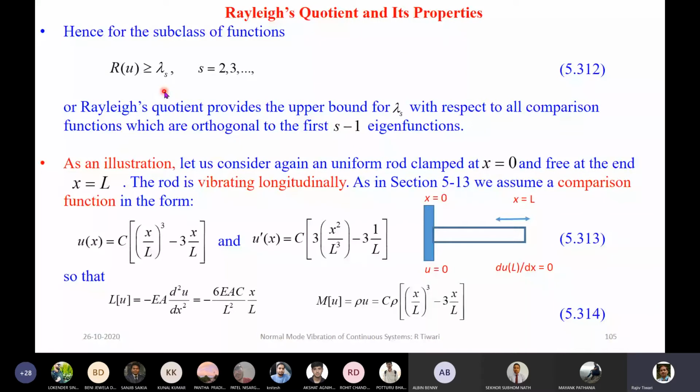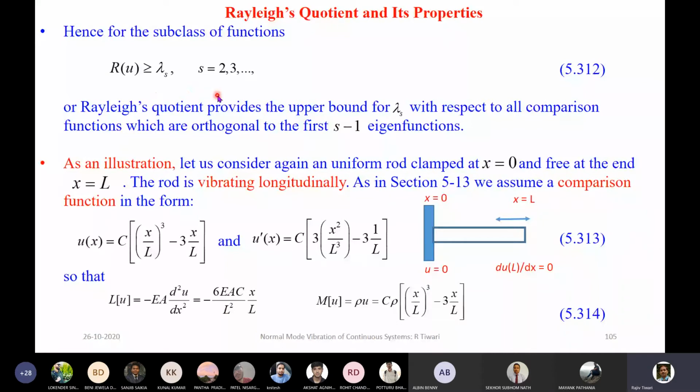We already saw this in the discrete system also: if the chosen eigenvector is not containing the lower s-1 eigenvectors, it will predict an eigenvalue either equal to the sth eigenvalue or more than that. This is similar to what we discussed in the discrete system.